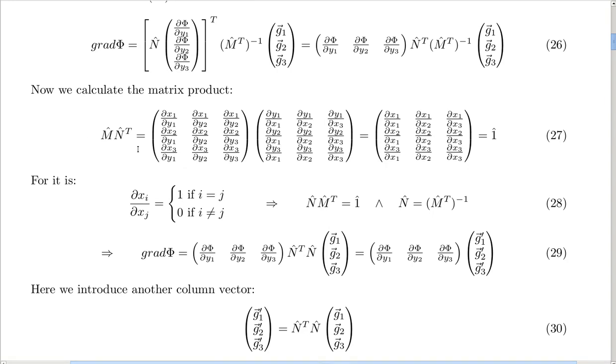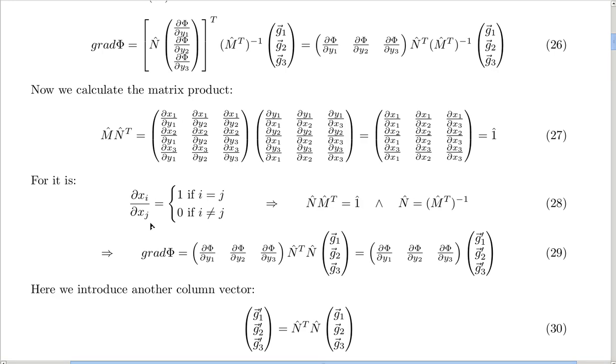So we first want to calculate the product of the two matrices here. Okay, we start to calculate the product M and N transposed. So we write this down here.